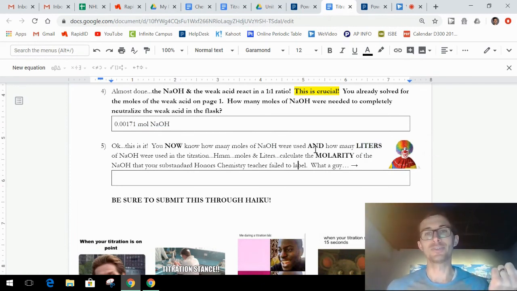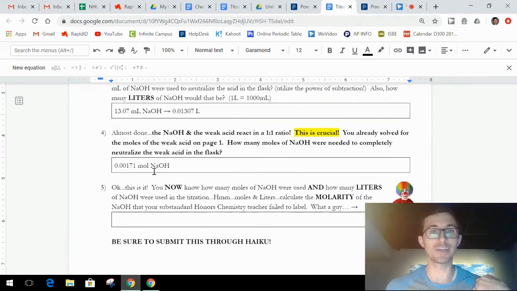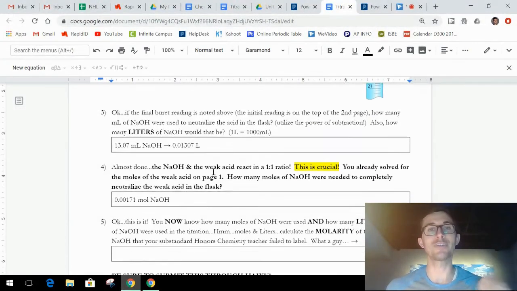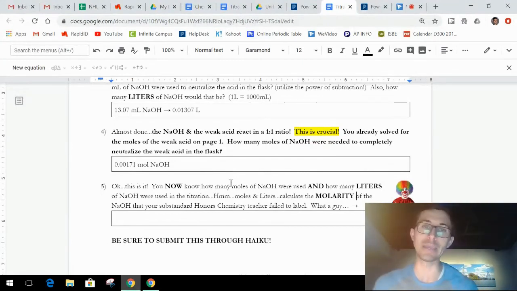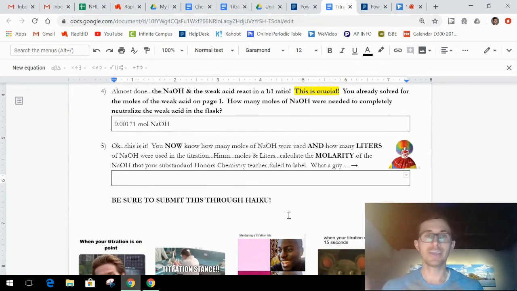Moles, liters. You can solve for the molarity of the NaOH. So you need to use the molarity equation, use the moles there and the liters there, and you can solve for the molarity of the base. That is how titration math is done.